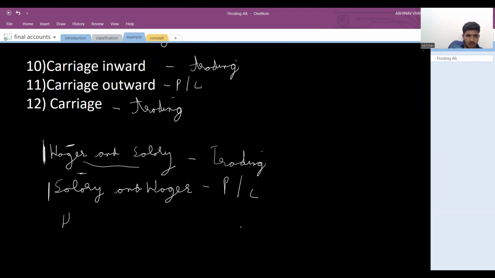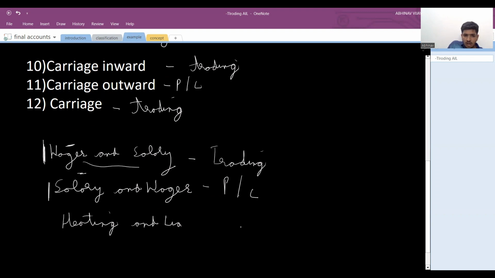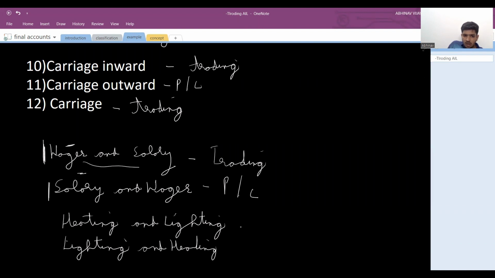Then heating and lighting, and lighting and heating. Heating is the heat within the factory. Lighting is usually in the office, the electricity charges. So heating usually takes place in the trading account, and lighting goes to the P&L account.